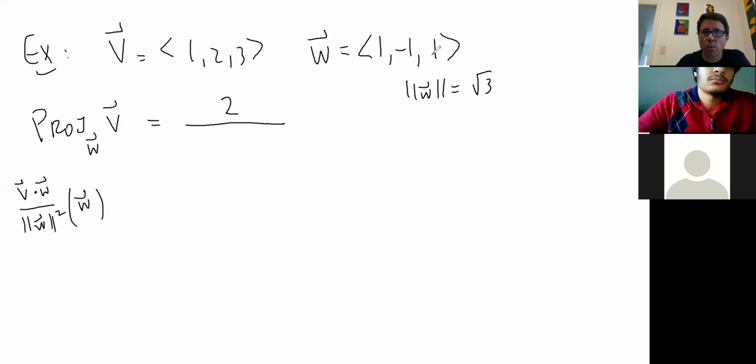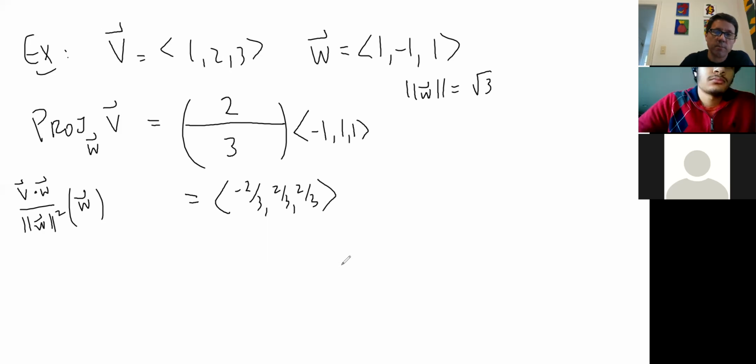So 1 and 1 and 1. But I square it, so I will get 2/3. And then I multiply that by my vector 1, minus 1, 1, which I could either write as 2/3 times the vector, or I can put it inside. So 2/3, minus 2/3, and 2/3, like that.